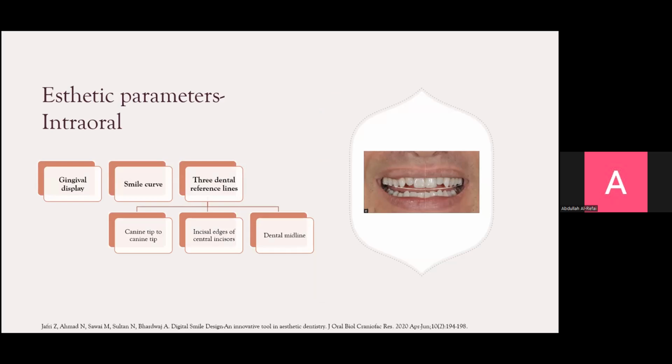Now, there are three reference lines marked on the teeth: a horizontal line from canine tip to canine tip, a horizontal line on the incisal edge of the central incisors, and finally a vertical line passing through the dental midline. Now, a few additional lines may be added, such as the gingival zenith line and so on.